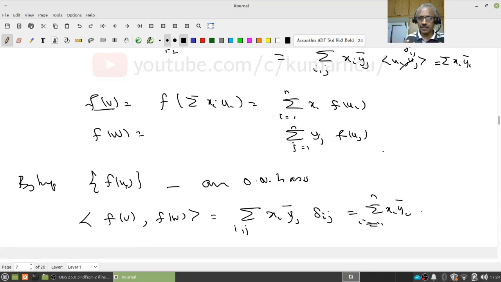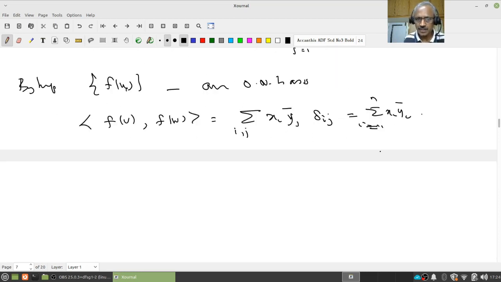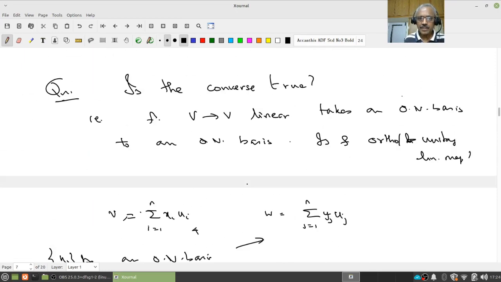Do you remember? yj bar will be yj if the field is real. Please understand, this is why you want us to work through. Okay, so what have I shown now? I have shown that if I have a linear map which takes an orthonormal basis to an orthonormal basis, then it is an orthogonal map or unitary linear map.